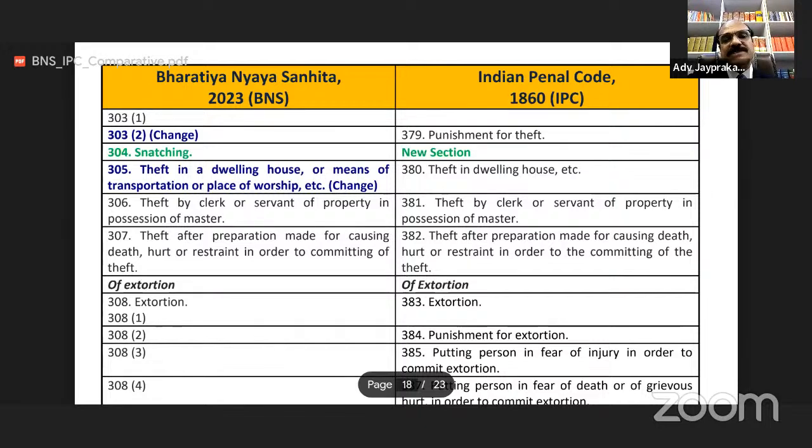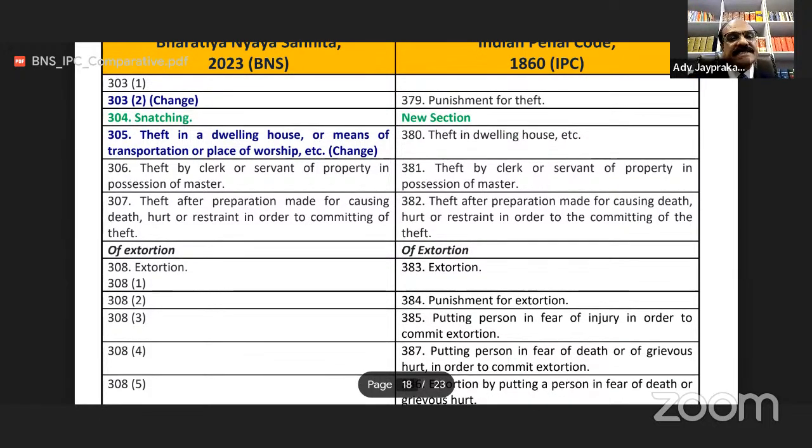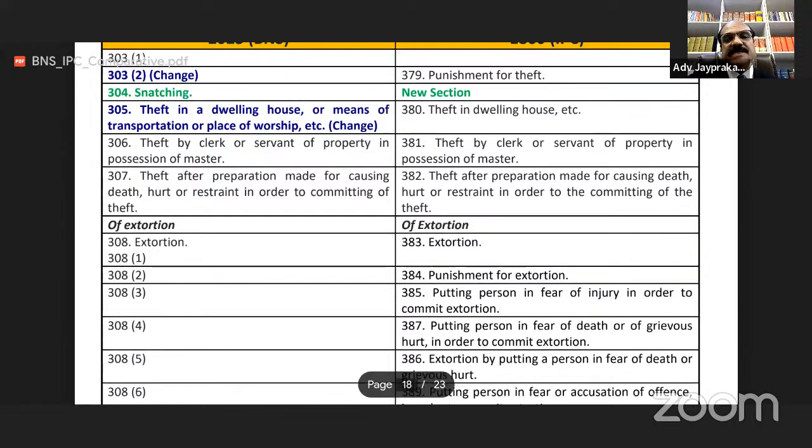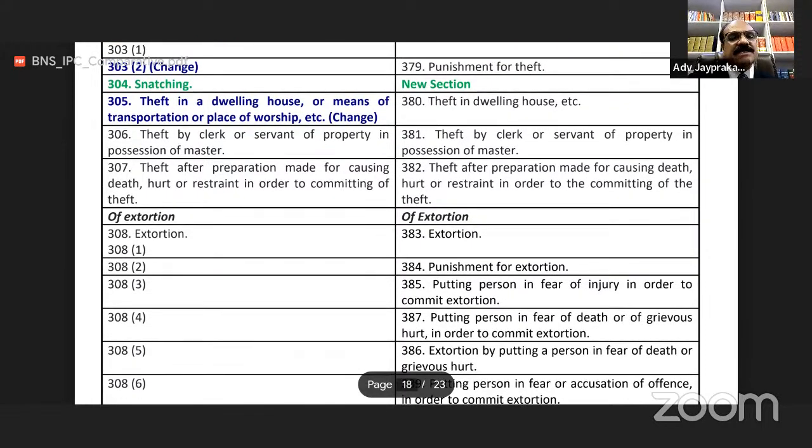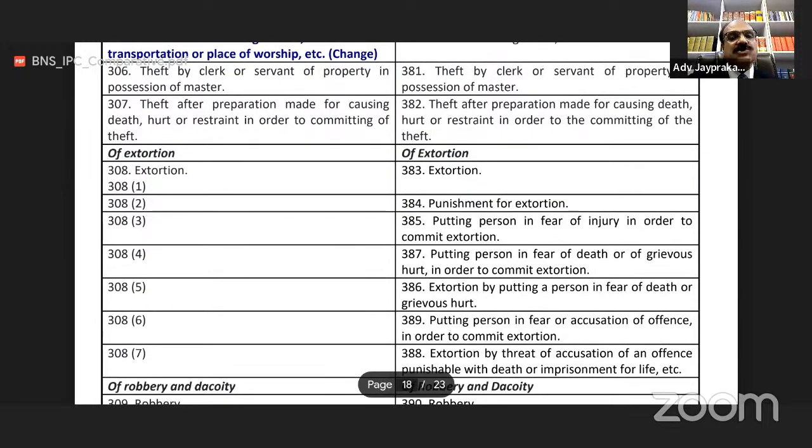Its earlier section was in IPC 380. Section 306, theft by clerk or servant of property in possession of master. Its earlier section was in IPC 381. Section 307, theft after preparation made for causing death, hurt or restraint in order to commit theft. Earlier section was 382.